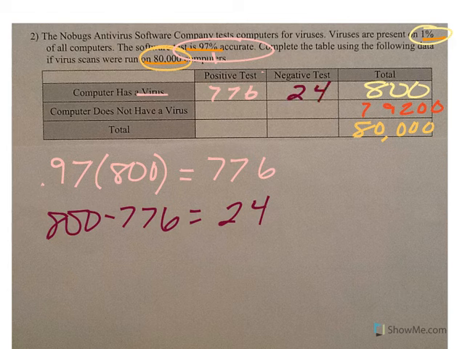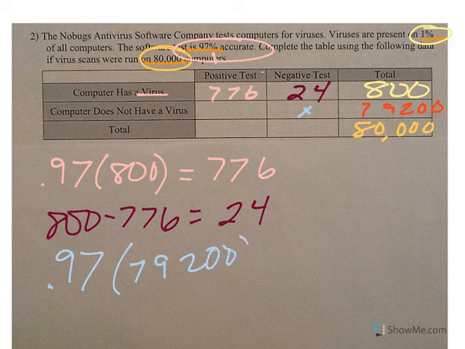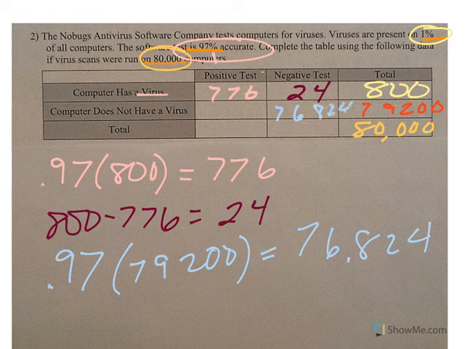Similarly, if your computer doesn't have a virus, we expect it to test negative. So 97% accuracy of the 79,200 means 76,824 will test negative. Oops, wrong color, blue. 76,824.